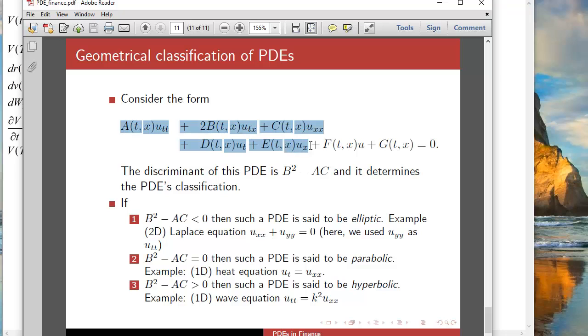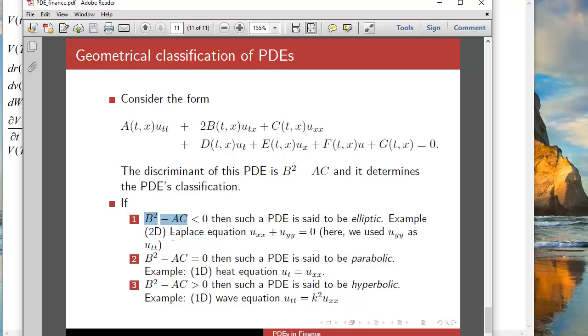And if you rewrite a PDE in this form, you can calculate some discriminant. The discriminant is driven by the coefficients of these three terms, of the second order partials. And this discriminant determines what kind of PDE you are dealing with. So if the discriminant is negative, then your PDE would be elliptic.